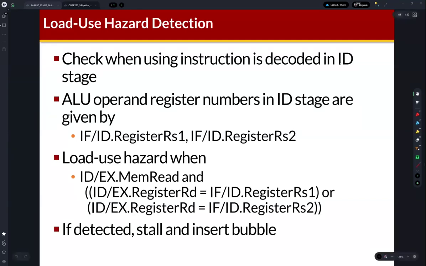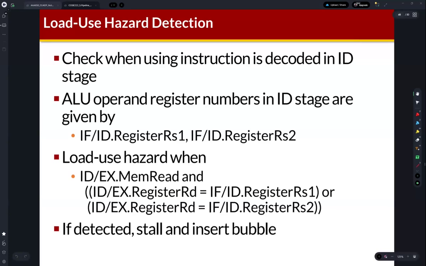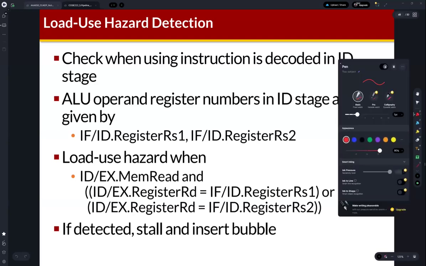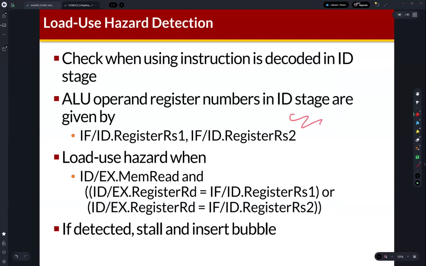Firstly, this is the load use data hazard, right? Obviously, the previous instruction is a load instruction. Then how can we detect the load instruction?